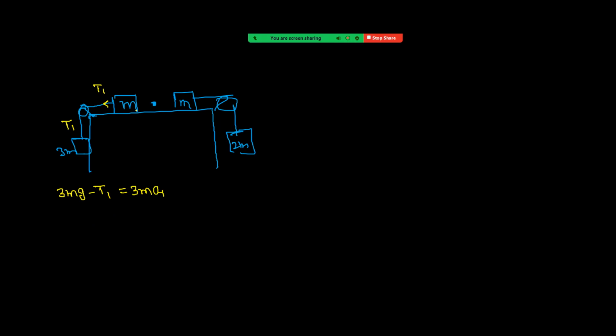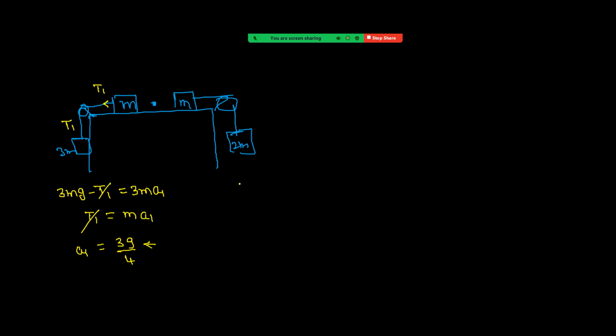Horizontally, only one force is acting. So it is T1, which is equal to m into A1. If you take the sum of these two, T1 gets cancelled. So 3mg equals 4m into A1. So A1 equals 3g by 4. Direction is left side.